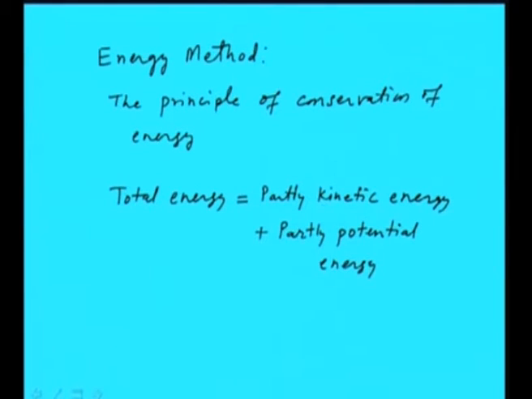The kinetic energy is stored in the system in the form of velocity, and the potential energy is stored in the form of either strain energy or work done against some field like a magnetic field or gravity field.